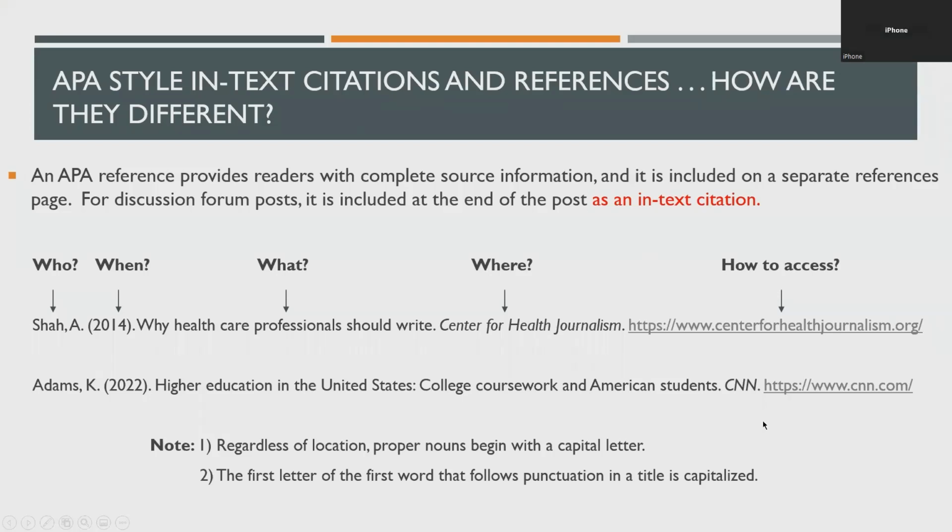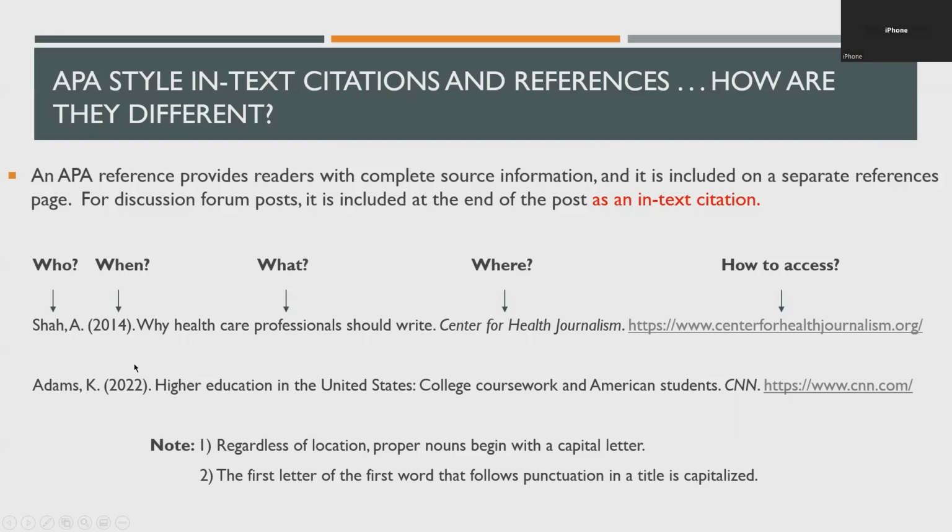So putting the month of the source, I will look this up at the end of the presentation because I want to double check to make sure that I am correct. But providing the month, that tends to be for like websites, I believe. Sources where the information might change from time to time.